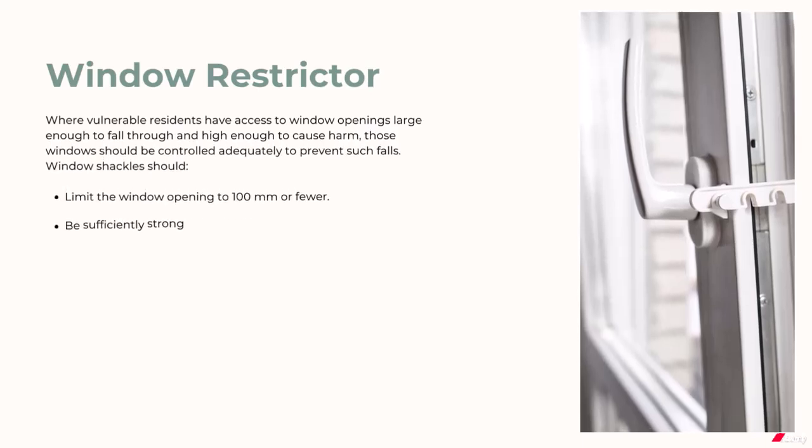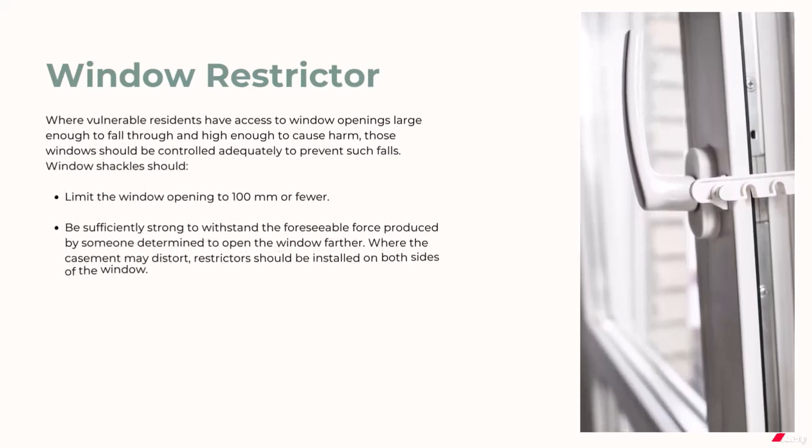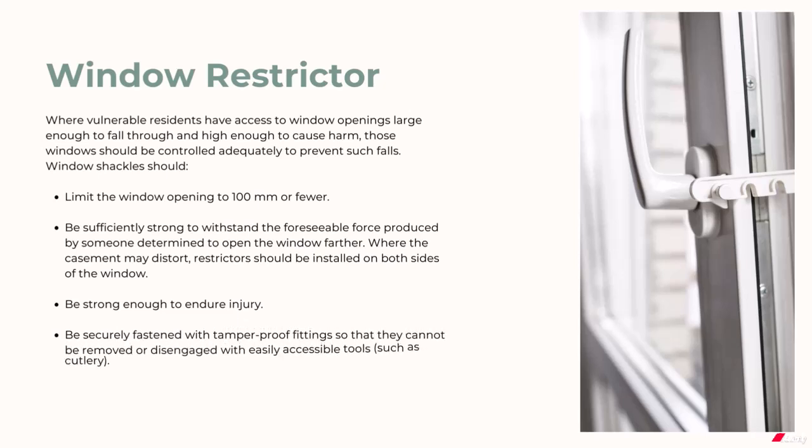Window restrictors. Where vulnerable residents have access to window openings large enough to fall through and high enough to cause harm, those windows should be controlled adequately to prevent such falls. Window shackles should limit the window opening to 100 millimeters or less.